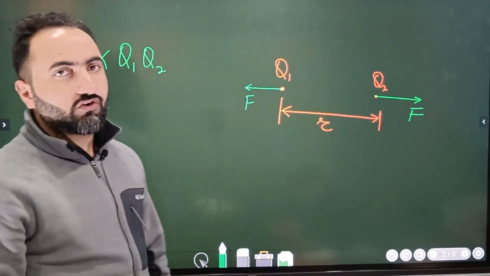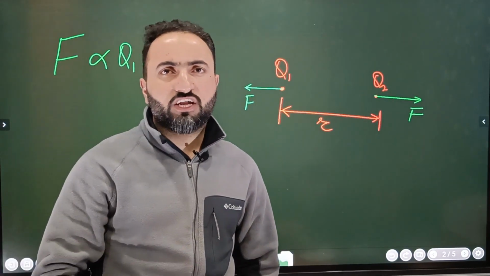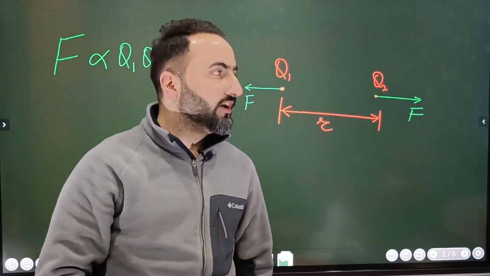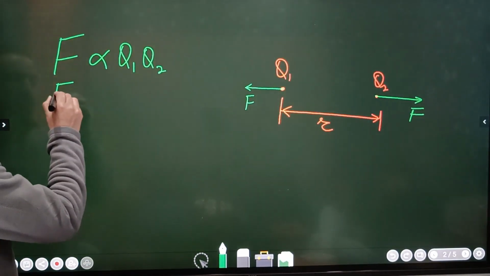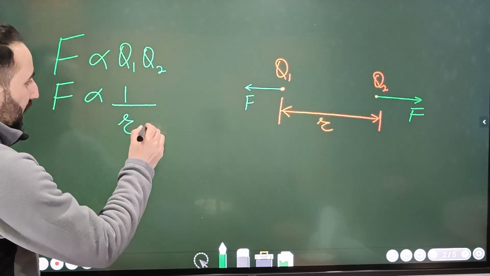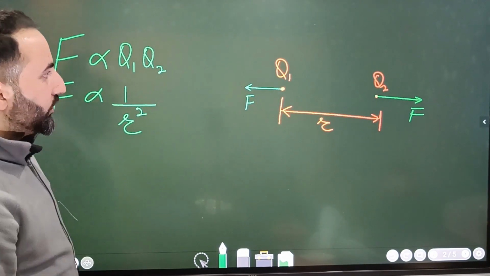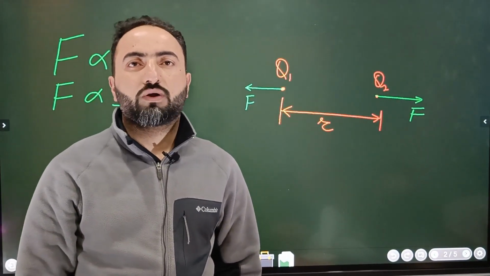Now what do we mean by directly proportional? That's a very basic thing that simply implies that the more the charge, the more the force, isn't it? We'll not discuss that again and again. The next thing we have is this: the electrostatic force between these 2 point charges is inversely proportional to the square of the distance between them. Square of distance means that if you double the distance between the 2 point charges, the force will become 1/4 times.